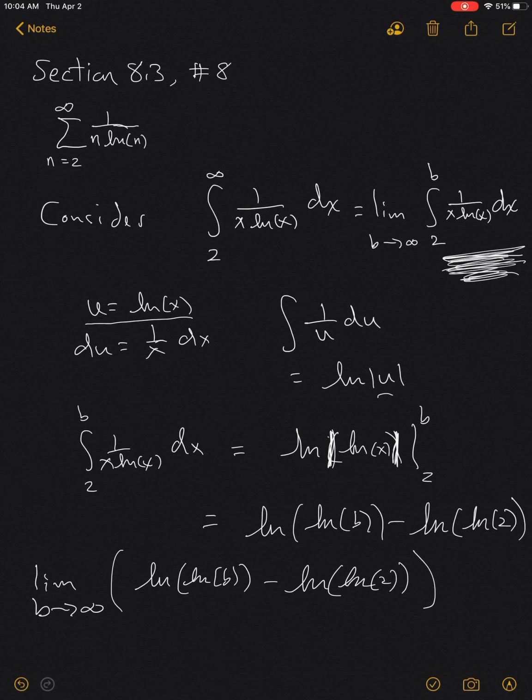The natural log is an unbounded function, and so this part in here is headed off to infinity. So this entire term, the natural log of that value, is also headed off to infinity. In other words, this limit, we might say it equals infinity, but more specifically, this limit does not exist.